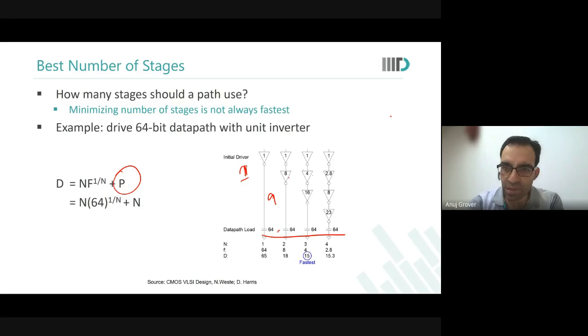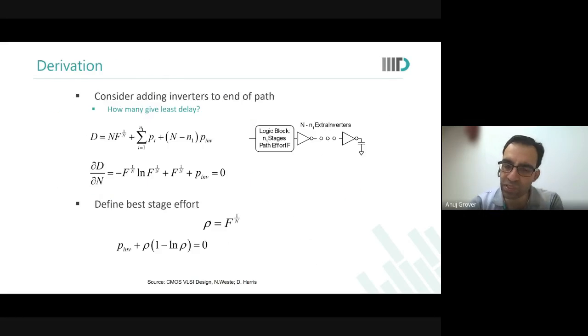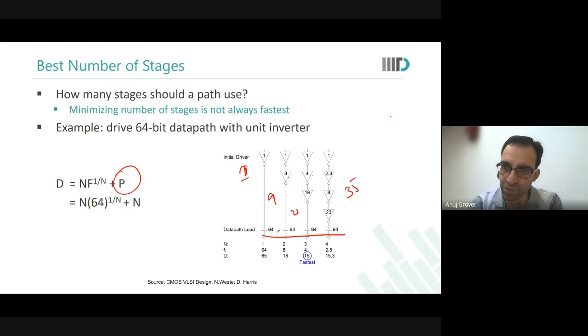This is 21, and this is 23 plus 9, around 35. So you see, you've increased the area to 35 and you've actually degraded the delay. So going to a very large number of chains is also not desirable.